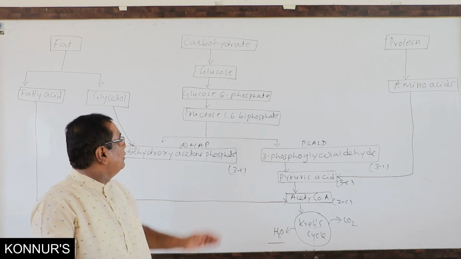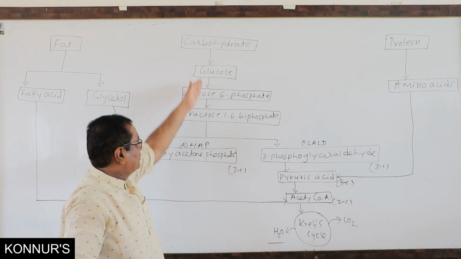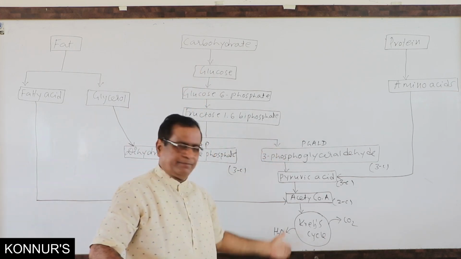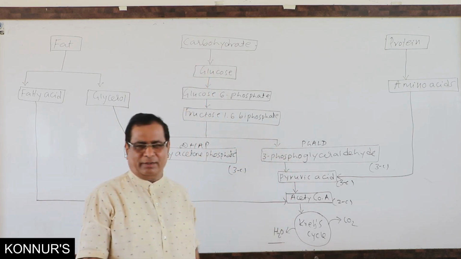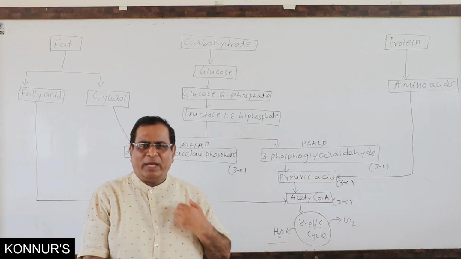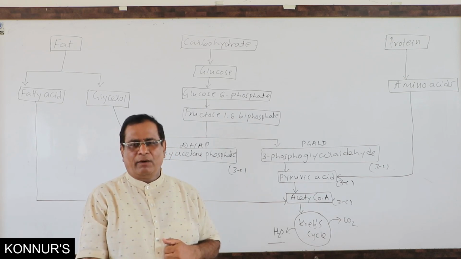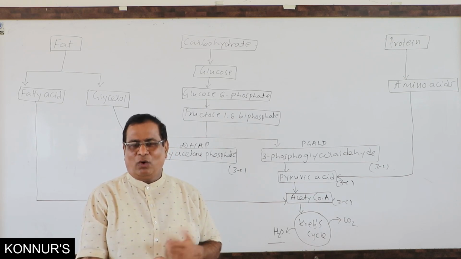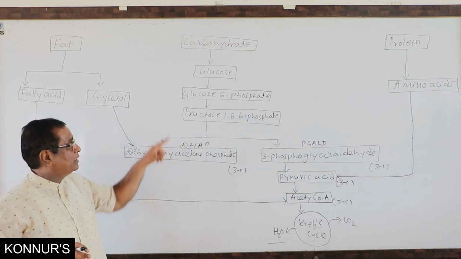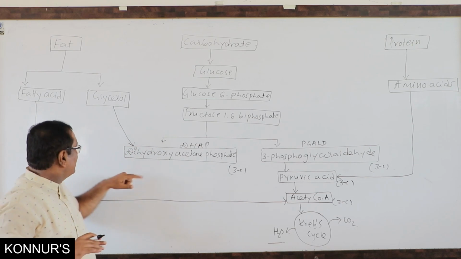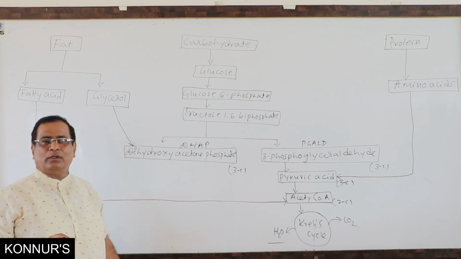How? In the respiratory pathway, these are the steps involved. But if we are in need of glycerol, what happens? Dihydroxyacetone phosphate in the respiratory pathway is converted into glycerol.